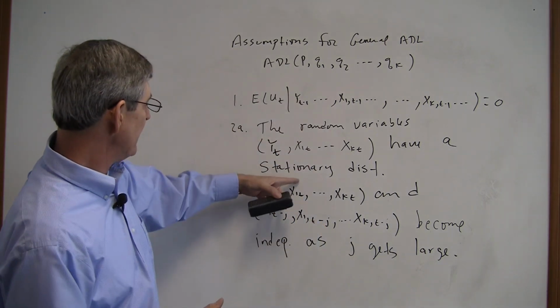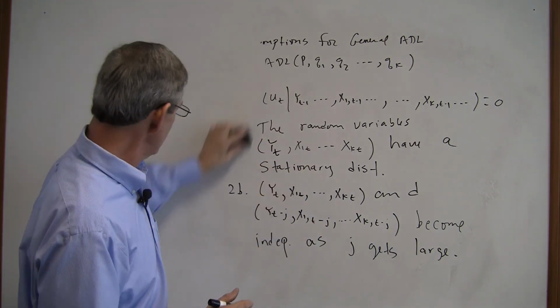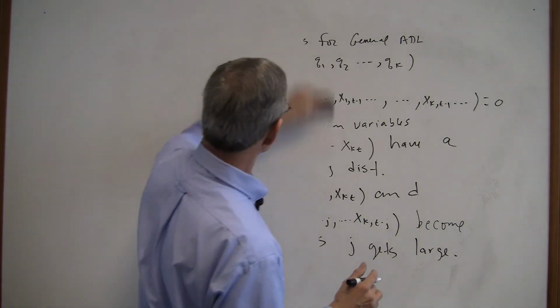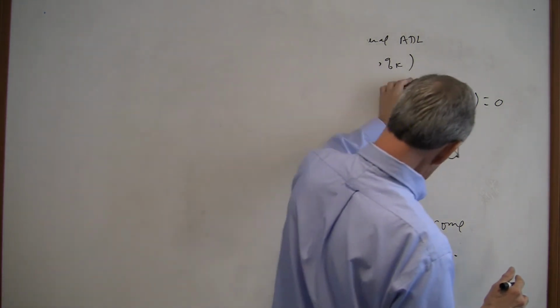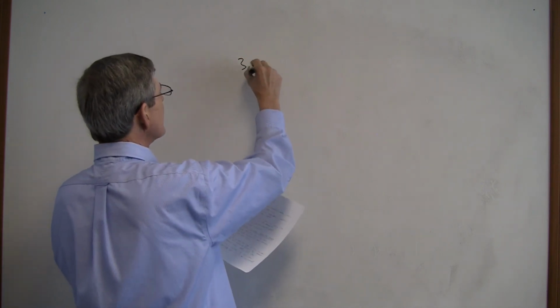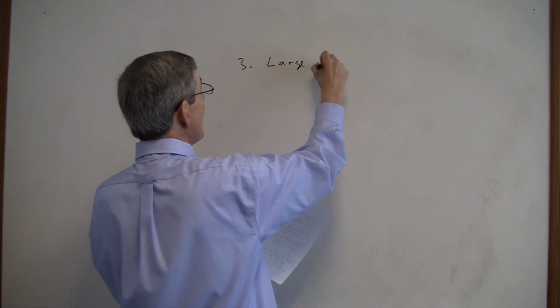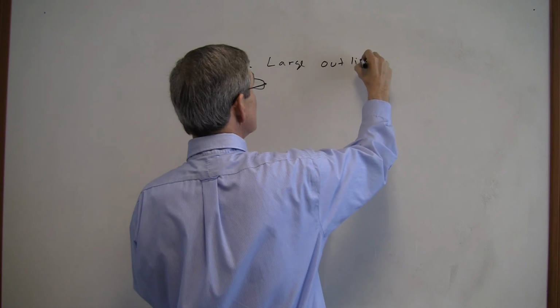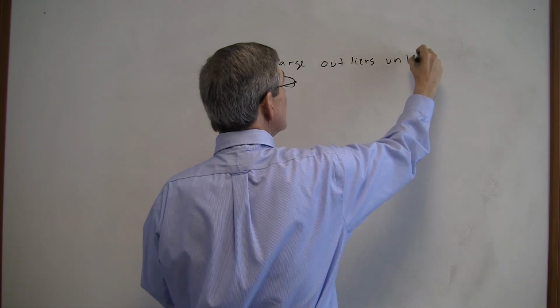When this is violated, we have a non-stationary distribution. It really, really messes things up. That's why we'll spend so much time on stationarity. The third assumption is that large outliers are unlikely.